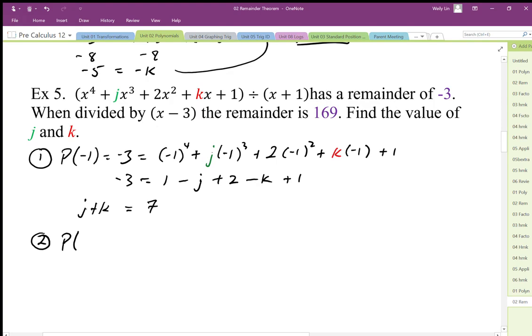So when I divide by x minus 3, if I plug in 3 to generate the 0, I'm going to get a remainder of 169 from the remainder theorem.